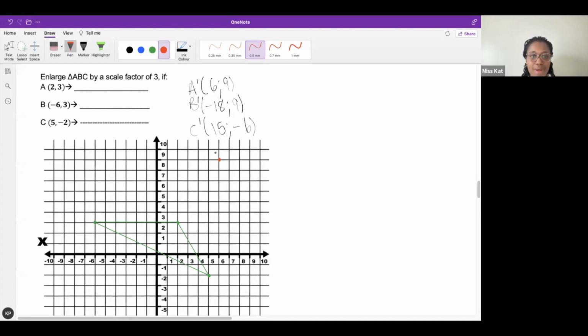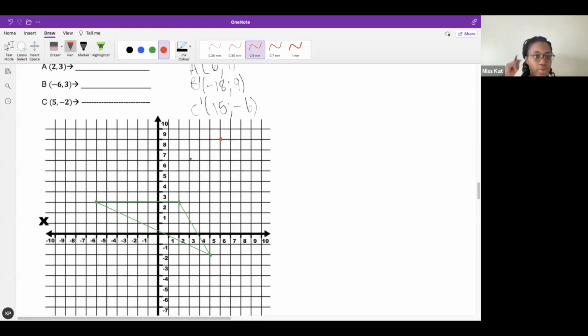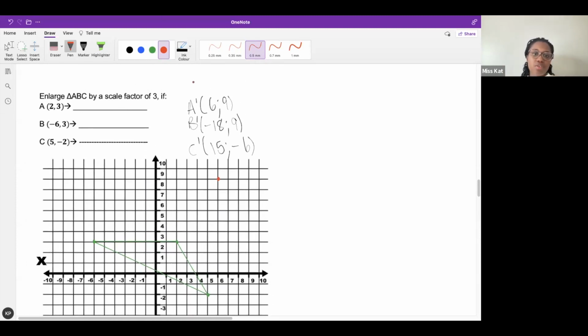But then we have -18, which doesn't even exist on here. Okay, so this is for scale factor of 3. I'm going to plot for scale factor of 2, so that we can see the difference between the two.